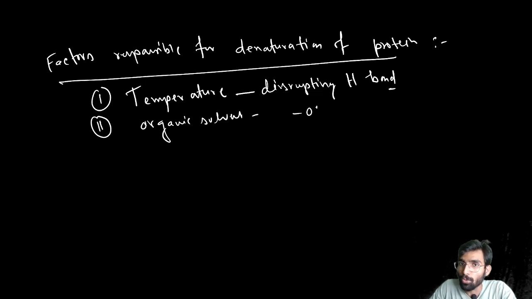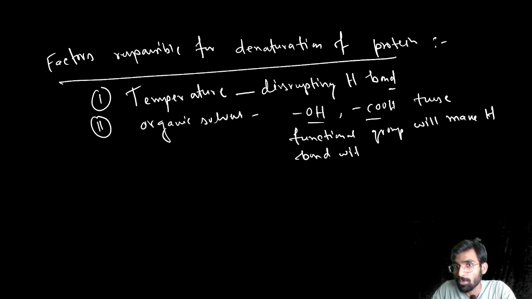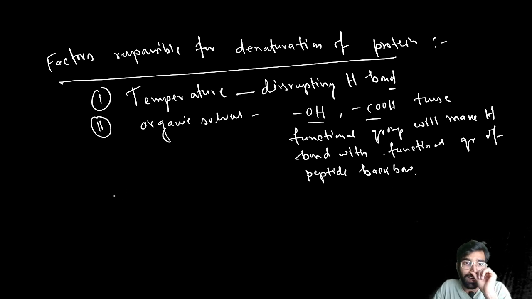The organic solvent, suppose it has OH like ethanol, or some COOH group, that functional group will make hydrogen bonds with the functional groups of the protein, the peptide backbone, right?